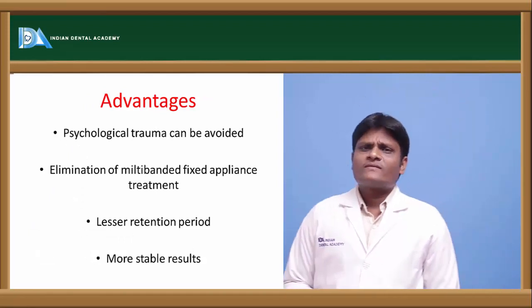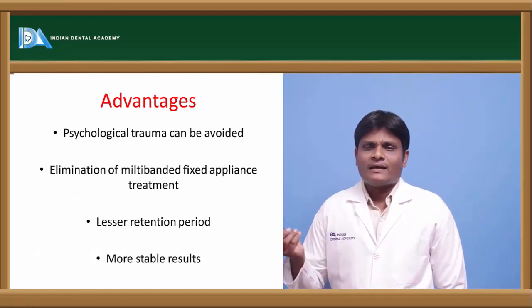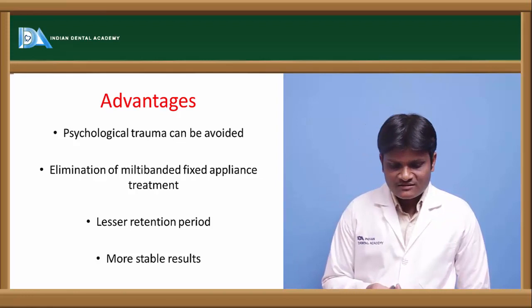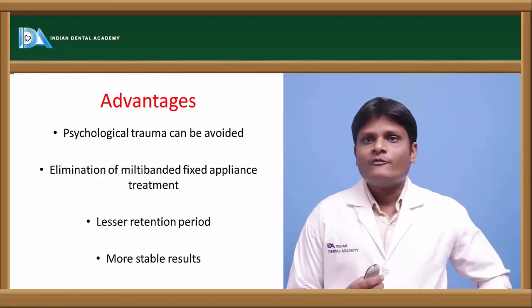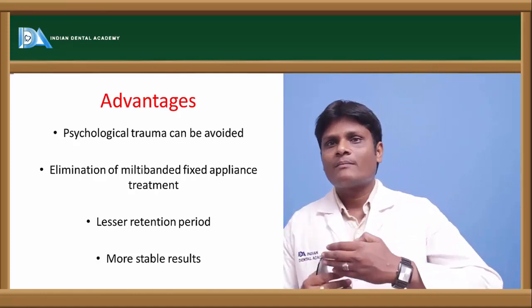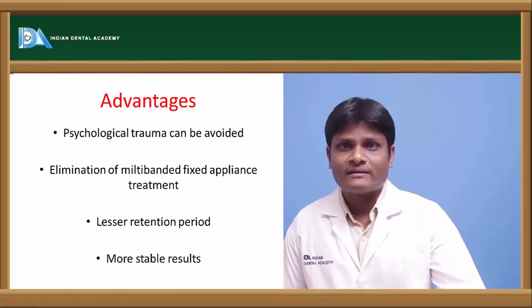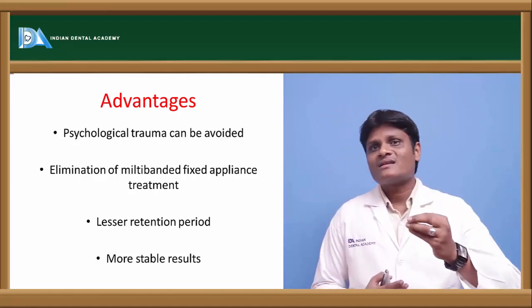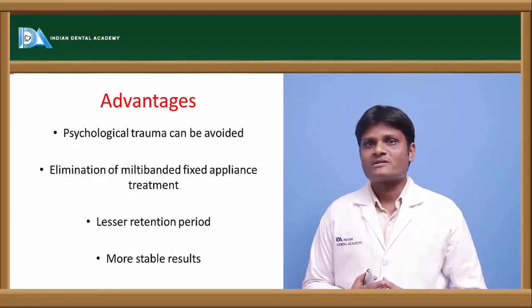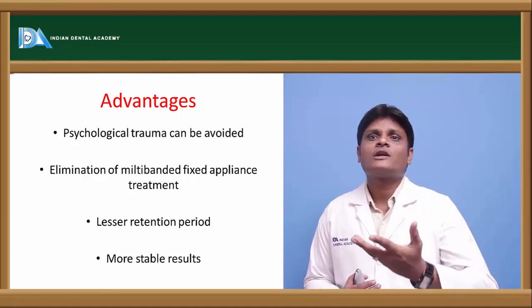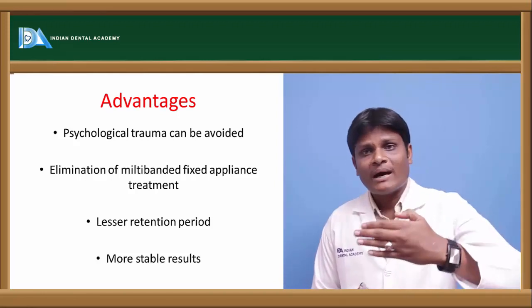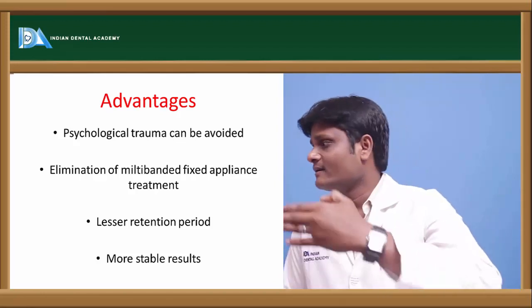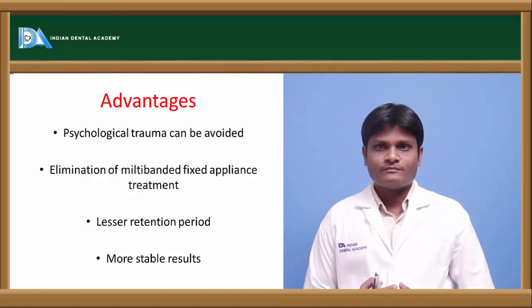Now, what are the advantages of serial extractions? As I told you, serial extraction is an interceptive orthodontic procedure. That means we are preventing a malocclusion from getting more complicated. Thereby, it strengthens the psychological aspect of the patient. It eliminates the psychological trauma to the patient, because the malocclusion is relieved at an earlier age of life.